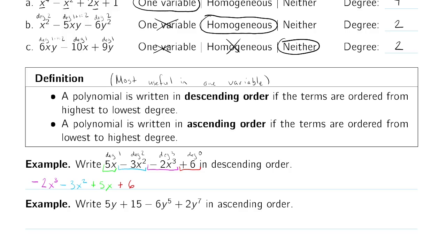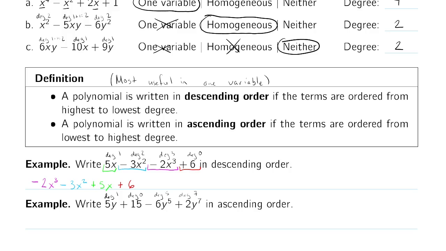We can also write in ascending order, smallest degree first. So here's another polynomial where the terms are all jumbled up. We have a term with degree 1, a term with degree 0, a term with degree 5, and a term with degree 7.